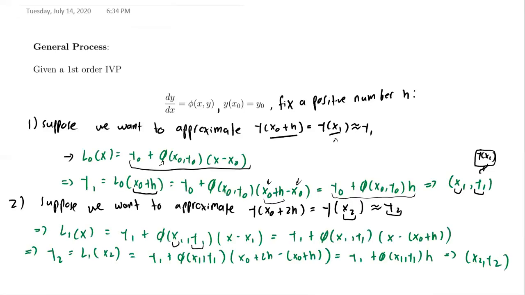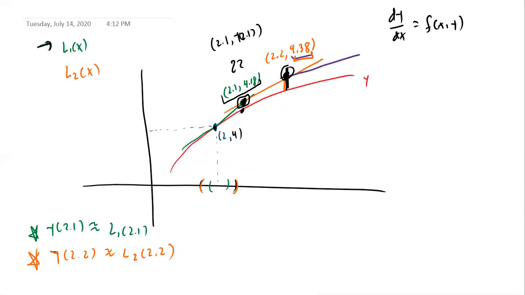So we just plug everything in. By the point slope formula, this linear approximation is going to be the y value plus the slope at this point, so y1 plus phi of x1, y1 times x minus x1. Now x1 is just x naught plus h, so I'm just going to replace x1 here with x naught plus h. Okay? So that's the second linearization, that would be this line in orange here.